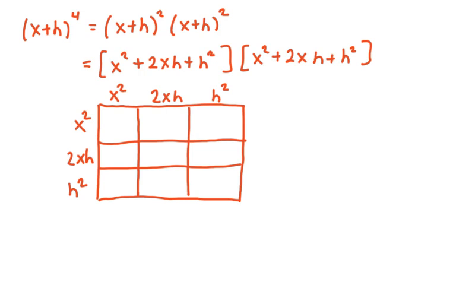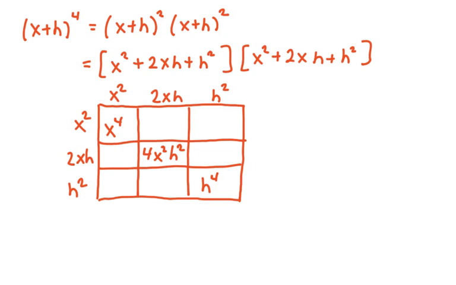Now, x squared times x squared is equal to x to the fourth. H squared times h squared is h to the fourth, right? That goes down here. 2xh times 2xh is equal to 4x squared h squared. So notice I'm viewing these as the sum of the areas of 9 rectangles.